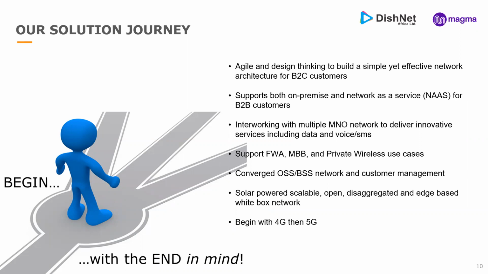Our idea was to build a network that even multiple competitors can utilize as a service. They can utilize our fixed wireless access network and different business cases, for example mobile broadband services and private wireless use cases. This is how we started using Magma in our network.